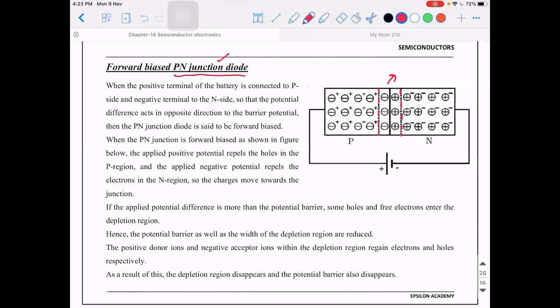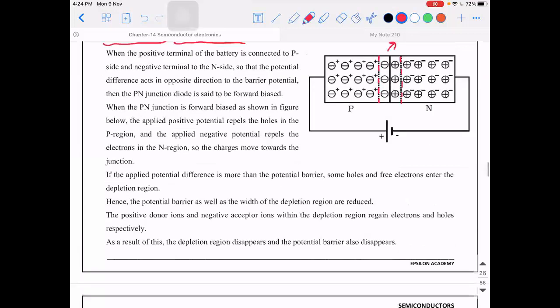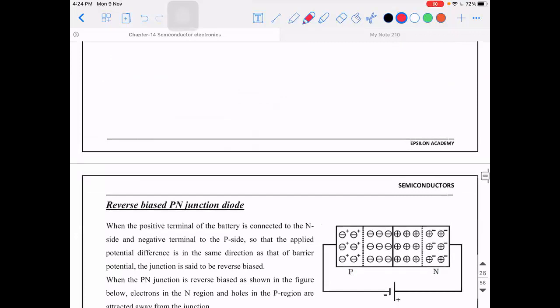This PN junction diode can either be used as a very good conductor or it can behave like an insulator also. A PN junction diode has the capability to behave like a conductor as well as an insulator, depending on two scenarios, called forward bias condition and reverse bias condition.